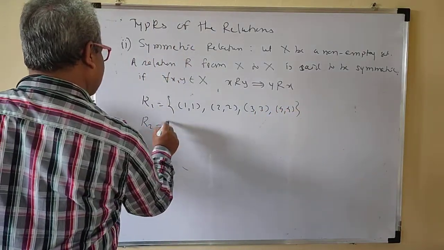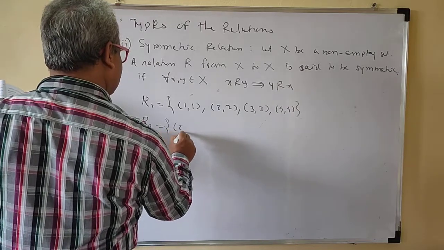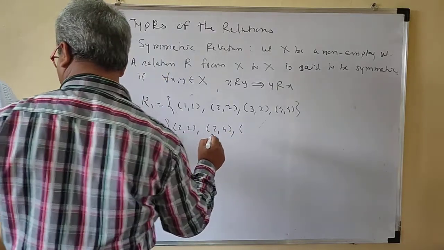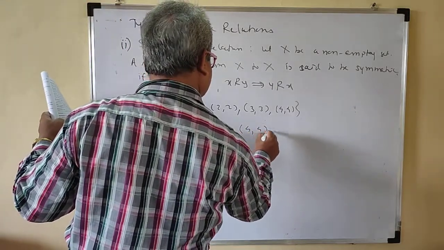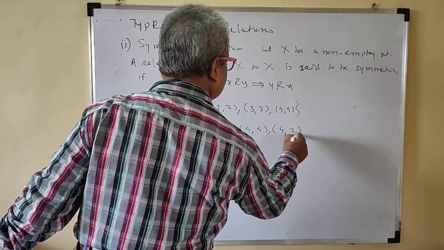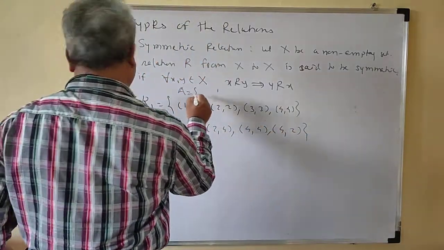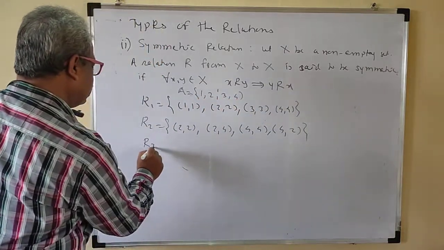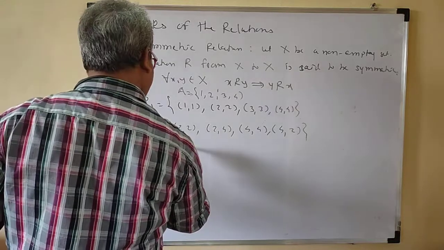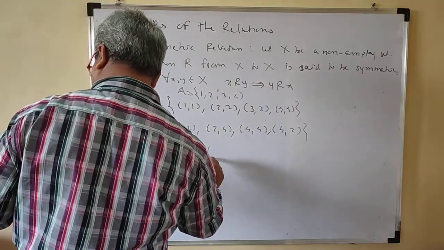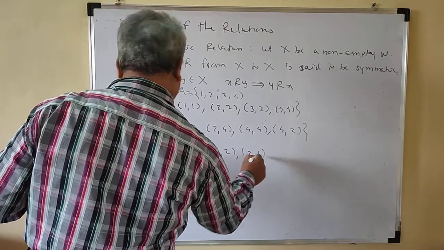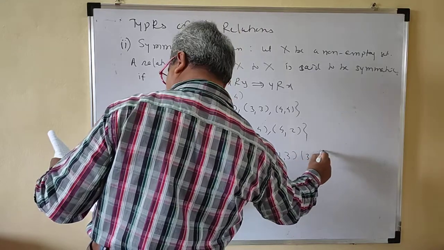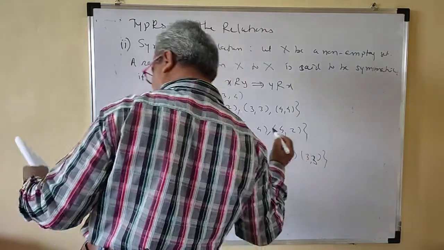I take another relation R2 as 2 2, 2 4, 4 4, 4 2, and your A is 1 2 3 4. I will take another relation R3 such that 1 1, 1 2, 2 1, 1 3, 3 1, 3 3.